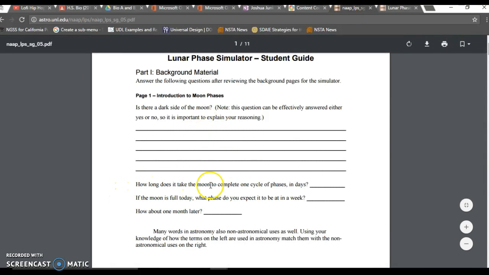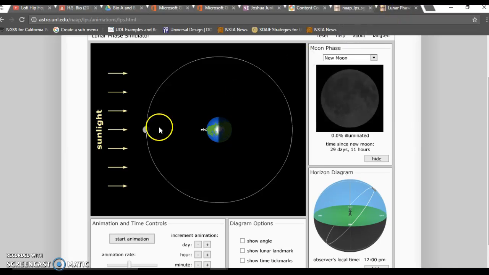How long does it take the moon to complete one cycle of phases in days? So how long does it take to orbit one complete perfect orbit around Earth? You click it and then you can move it all the way around. You can see if you go 25% of the way, 7 days have gone by.